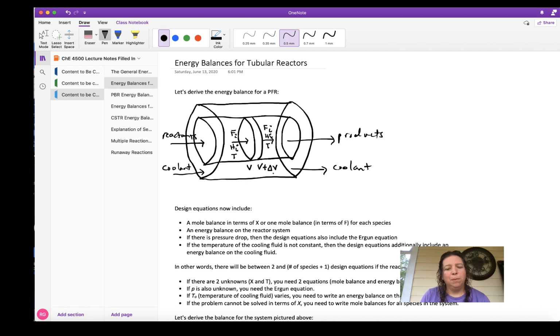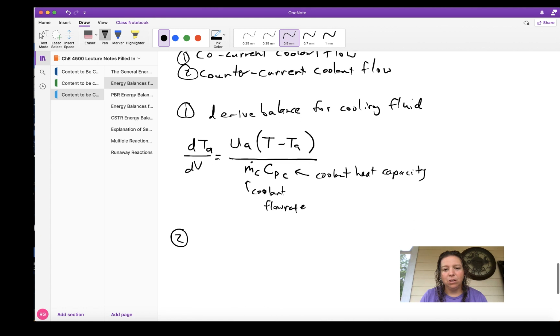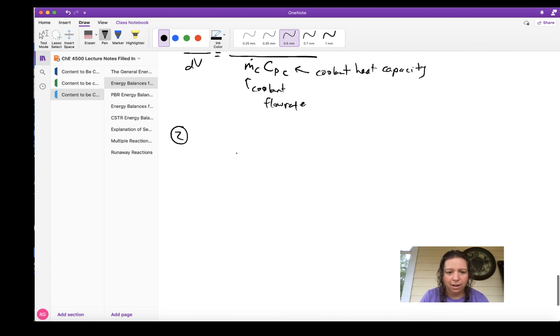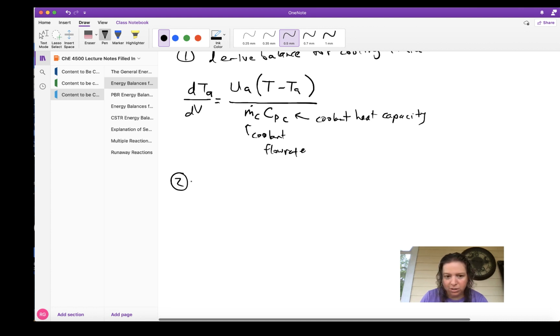One way that I can switch the limits of integration is to simply write the differential equation as the negative value of what it originally was. So if I go down to my countercurrent case, my differential equation is going to look like this: negative UA (T minus TA).